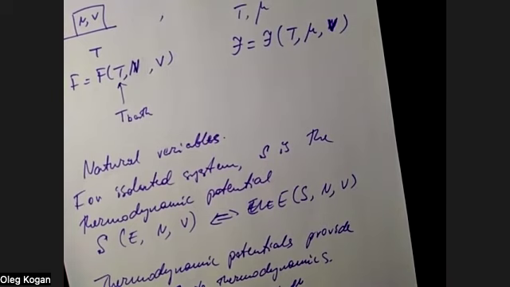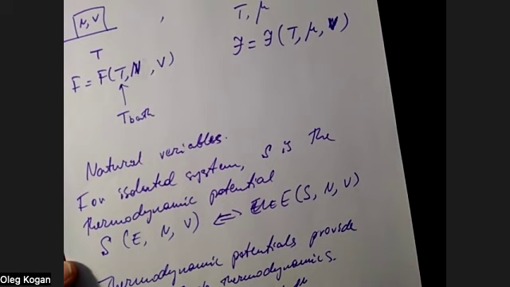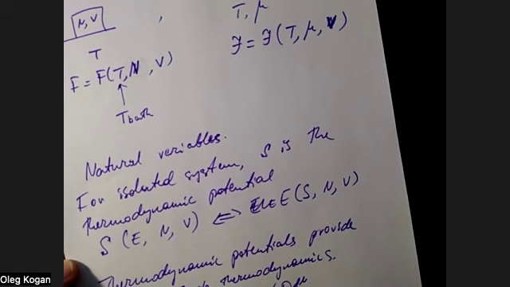we get, on the one hand, something like this, and on the other hand, this is partial F, partial T. This is partial F, partial V at fixed T and N. This is at fixed V and N. And this is going to be partial F, partial N at fixed T and V. So on the one hand, you can write a total differential based on what it is in calculus.